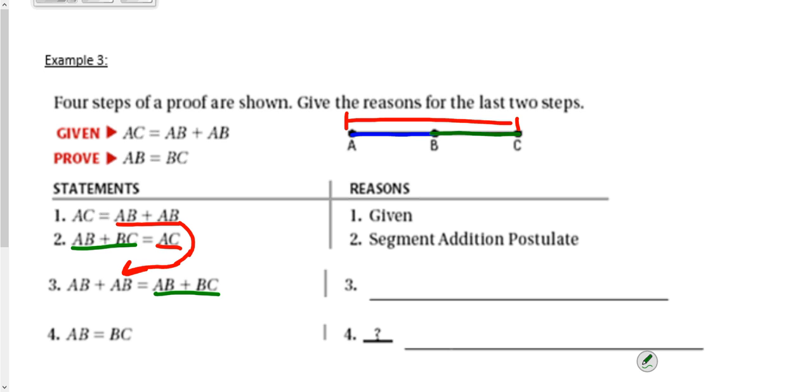It could also be transitive. You're going to see a lot that transitive and substitution can be used in the same reason. And that would be that AB plus BC equals AC and AC equals AB plus AB, then AB plus AB equals AB plus BC.